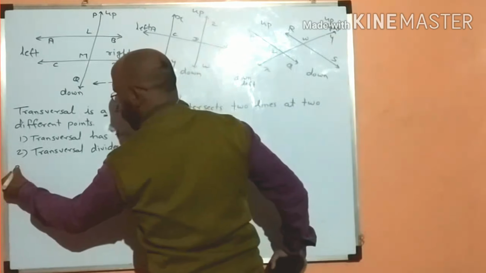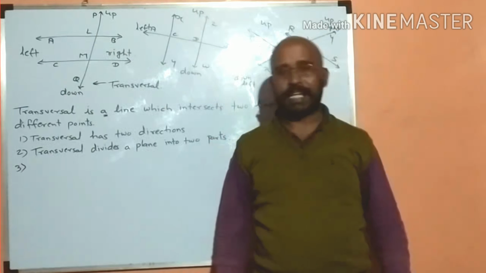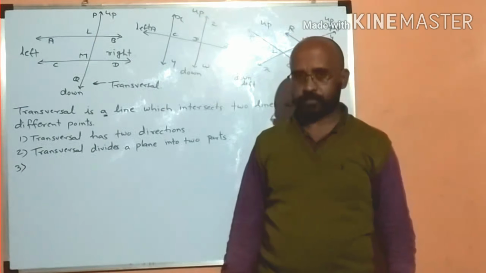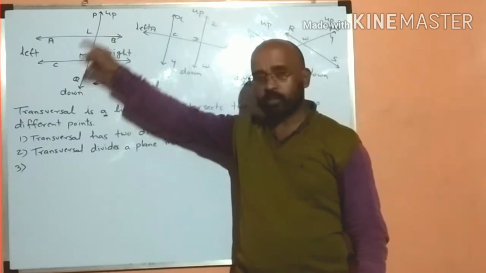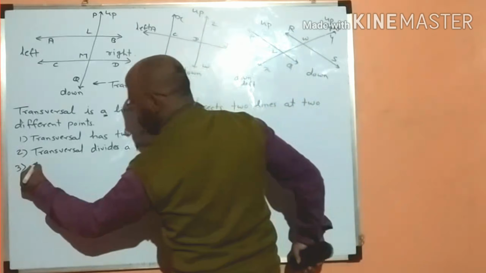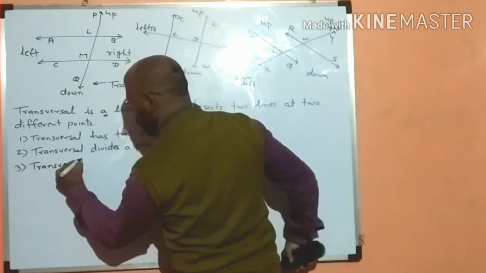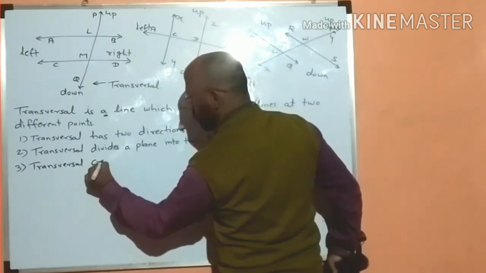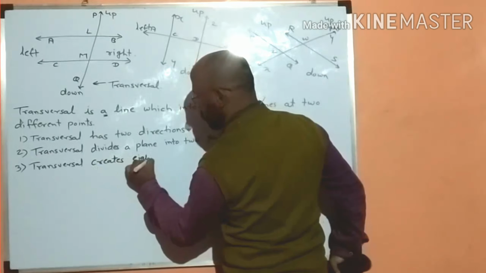Now third and the most important thing is, every transversal creates at least 8 angles along this line. So a transversal creates 8 angles.